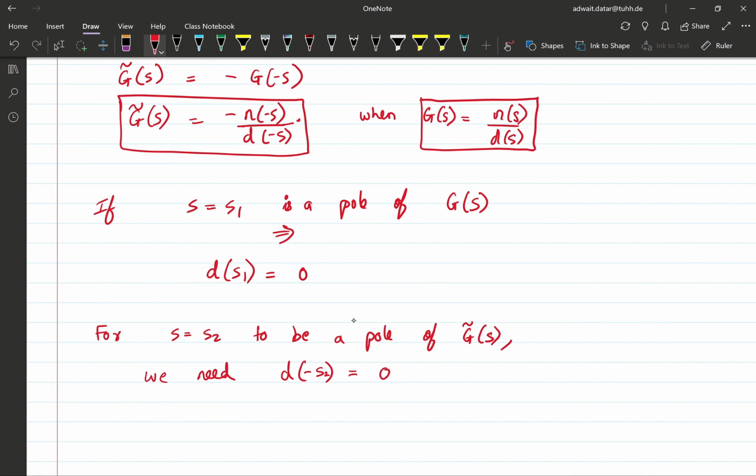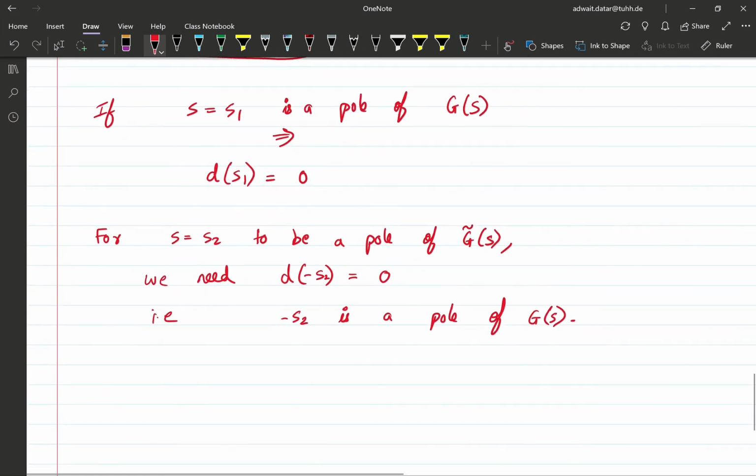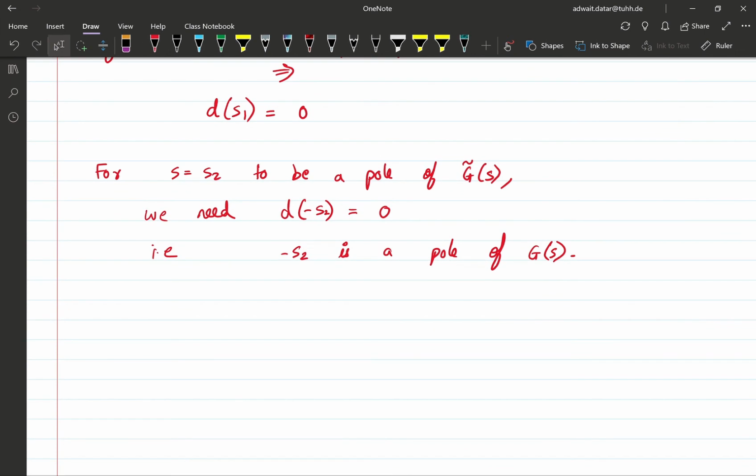So that would mean minus S2 is a pole of G of S. So what we have is the following result.